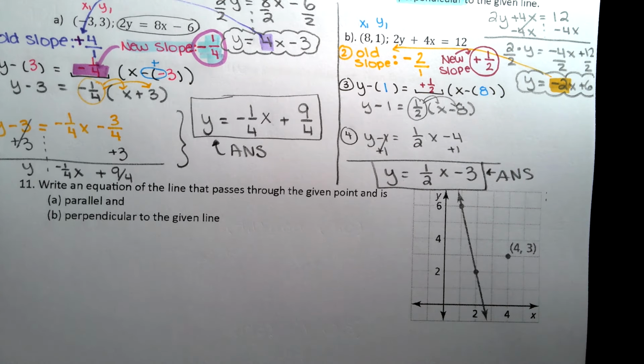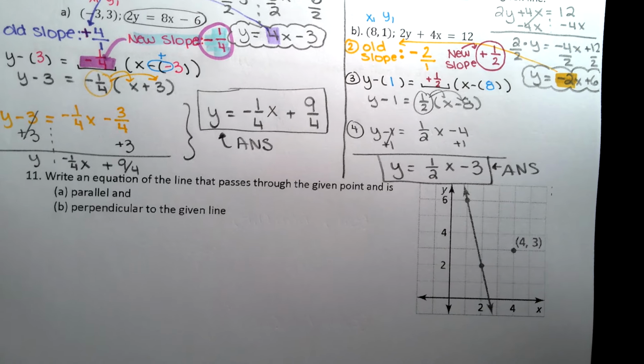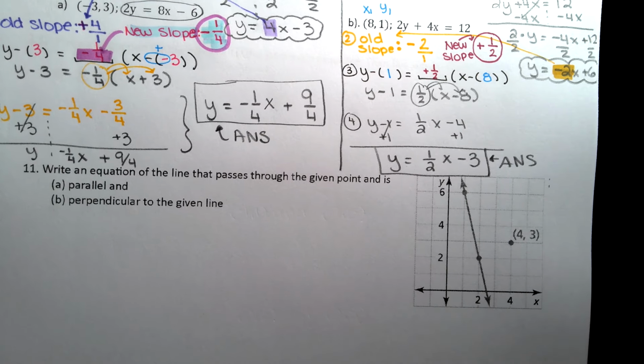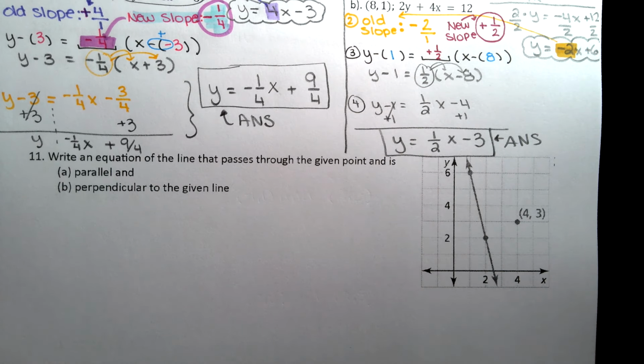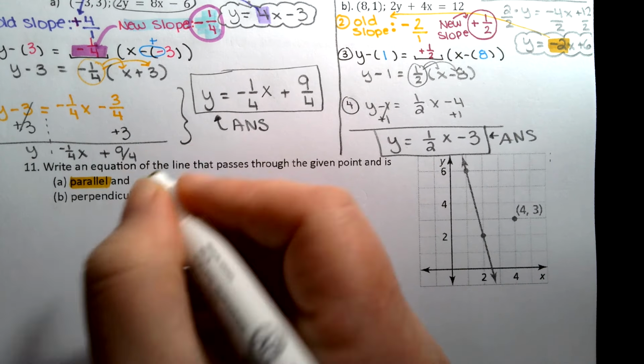Write an equation of the line that passes through the given point for question number 11 that is parallel and perpendicular to the line. Okay, so they want two things. They want parallel, which means slope is the same.